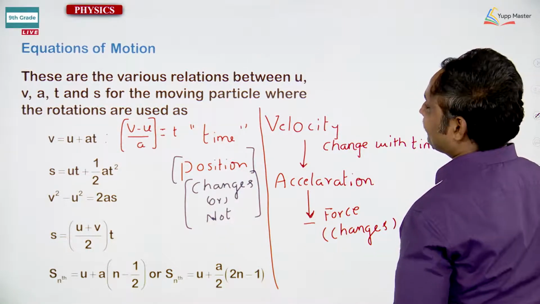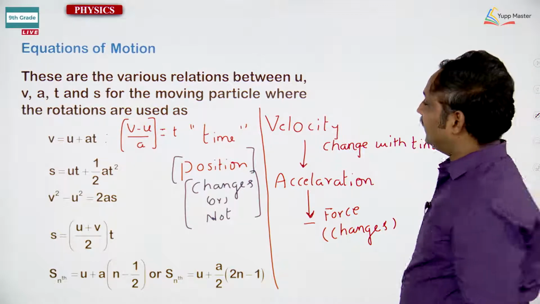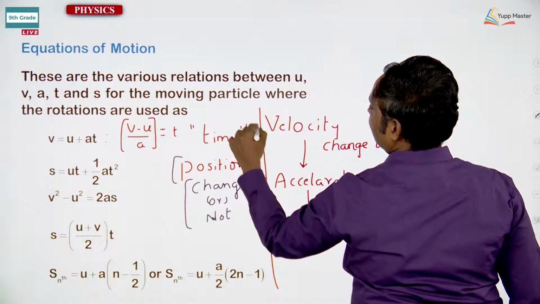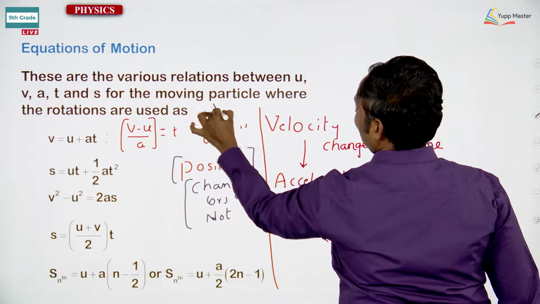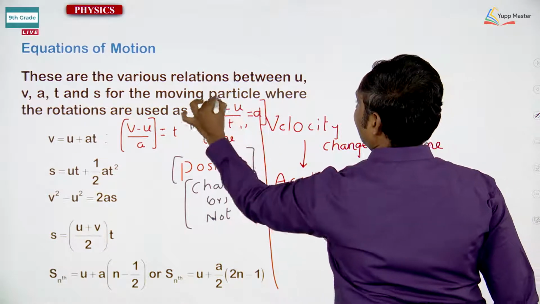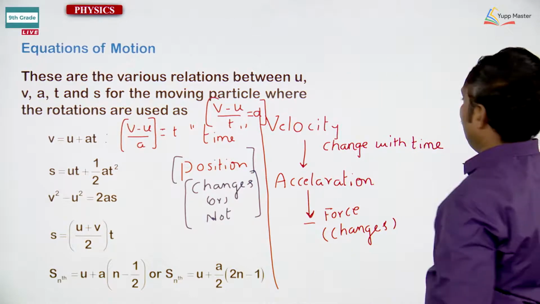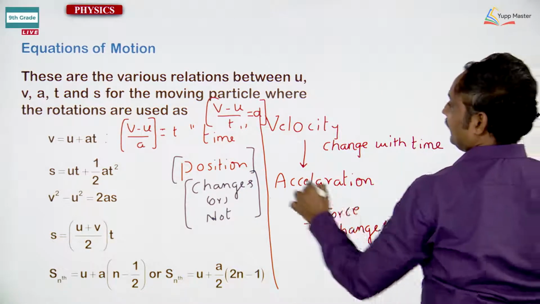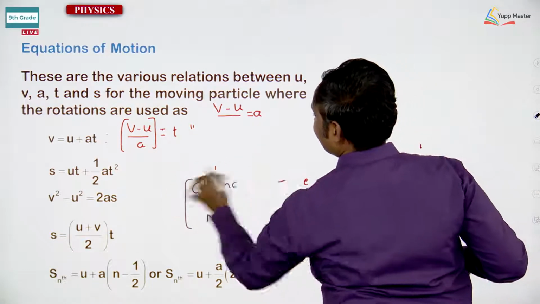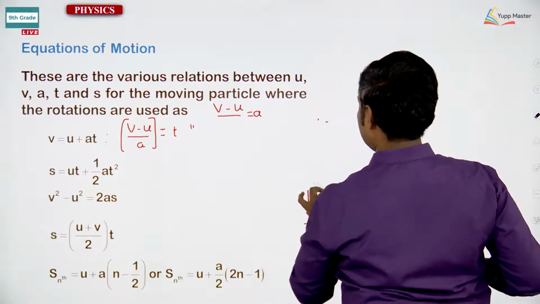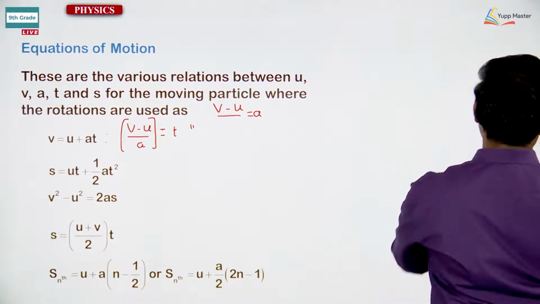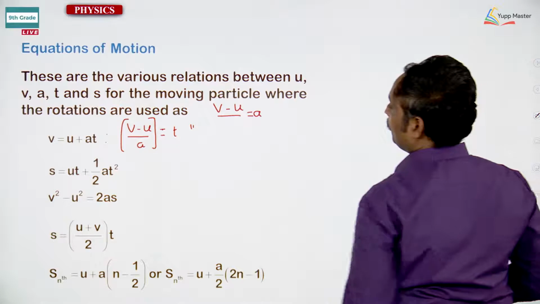And for the next one, you will find that v minus u by t gives the acceleration.